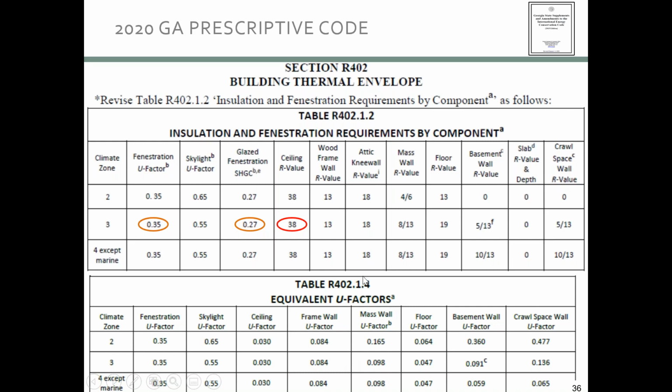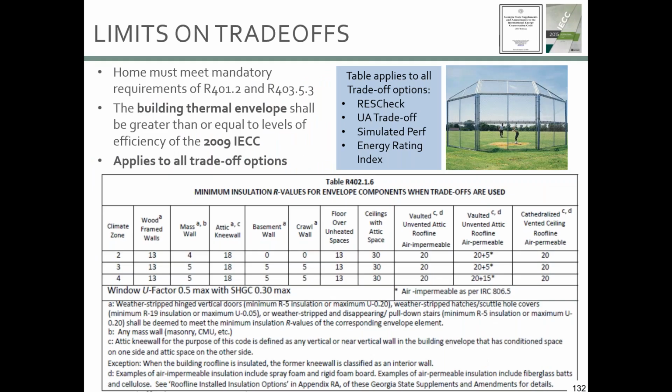One more thing I wanted to mention before we jump into the tool, and Joey, I want you to tell everybody, what is this a picture of right here? What is that? It looks like a backstop at a Little League field. Exactly. So the backstop table is reminding us that no matter what kind of trade-offs we do, either using RESCHECK or a hand trade-off or the simulated and energy modeling approaches, no matter what, our envelope can't be worse than this table.